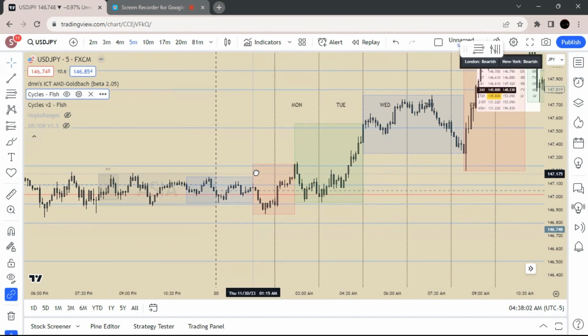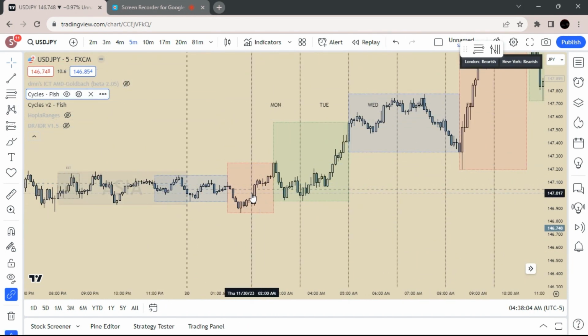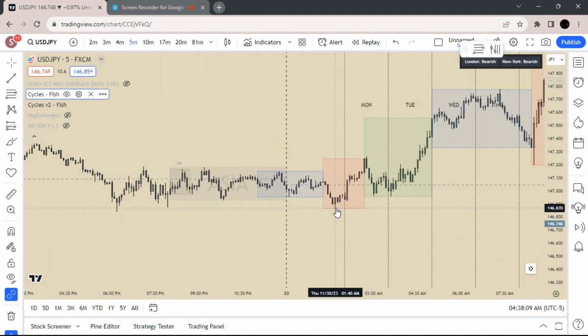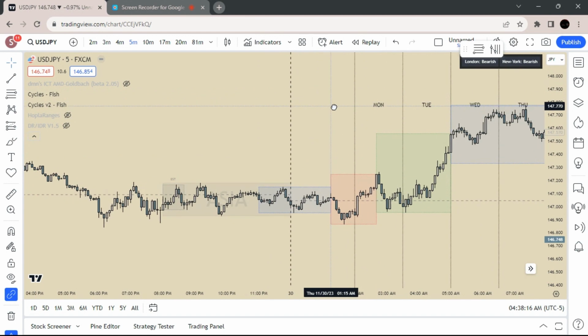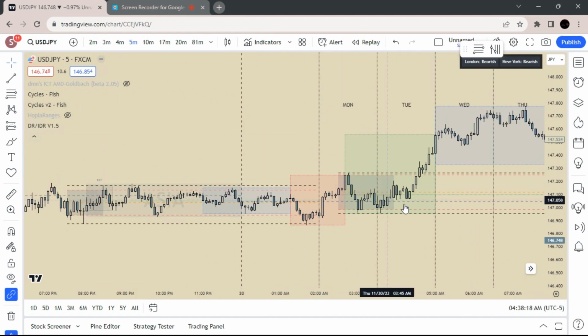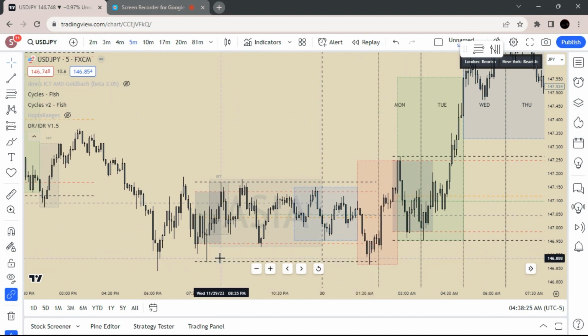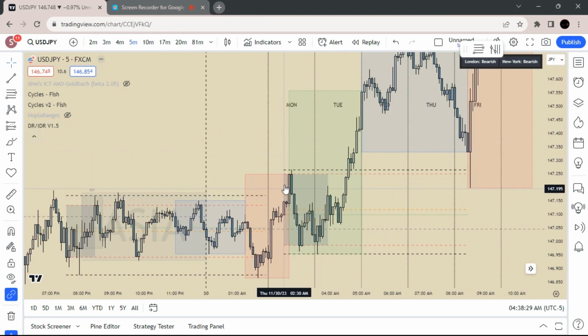Now here you see for Goldbach, the low of the day was created in that manipulation stage early in the morning between 1:15 and 2:40 a.m. Okay, and then if we turn on the DR, you can see how price rejected the low of our Asia range DR, and then eventually once that ODR starts, it breaks through that.